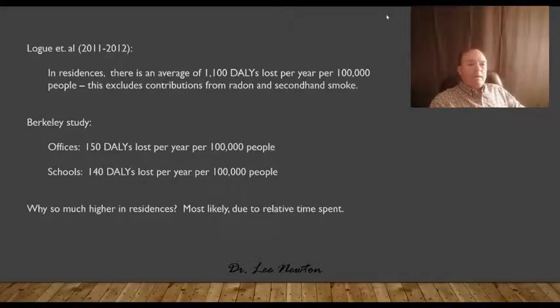Now, Jennifer Logue back in 2011, 2012 did a couple studies, and they concluded that in residences, so where we live, there's an average of 1,100 DALYs lost per year per 100,000 people for poor indoor air quality, but that includes the effects from radon and secondhand smoke.